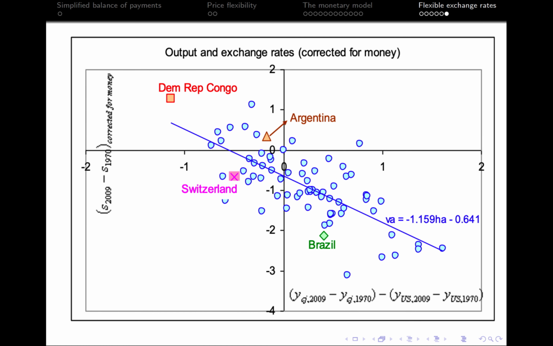Okay, thank you for your attention. This is it for today. Next week we're gonna go back to the blackboard and we're gonna see what happens to exchange rates in the short run, and we're also gonna use short run analysis, so analysis with fixed prices, to examine the effectiveness of fiscal and monetary policy under fixed and flexible exchange rates.